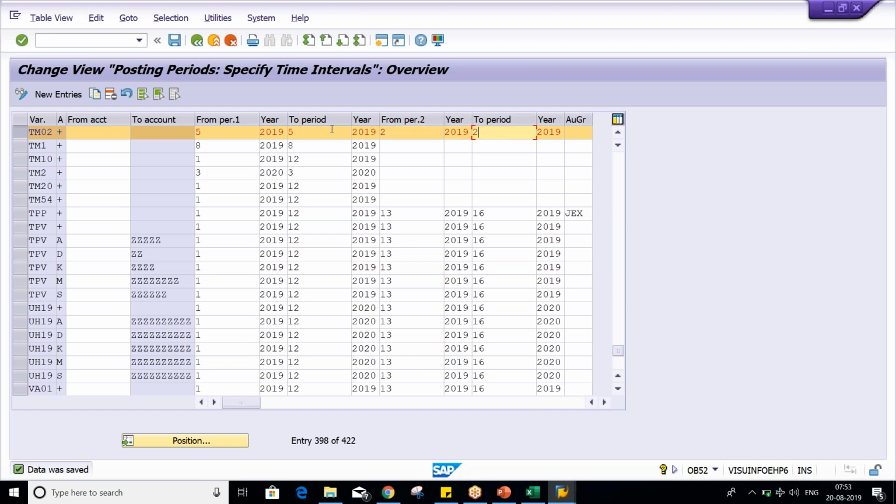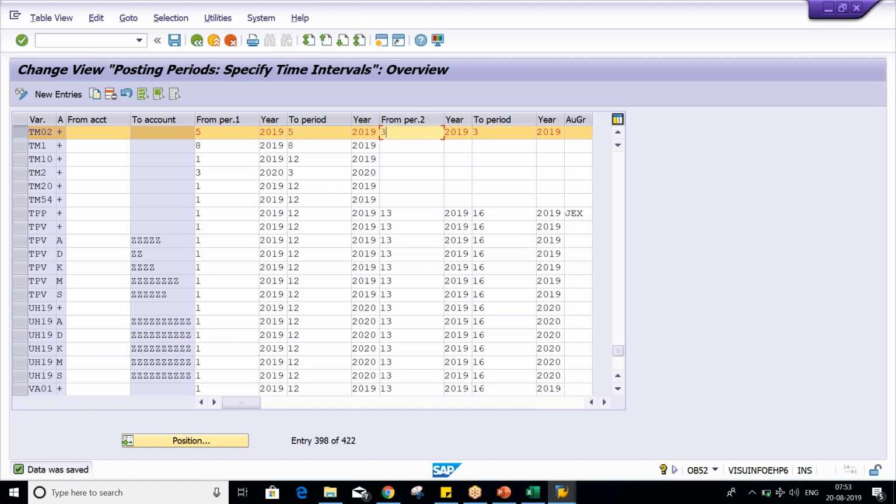Second period means here we are going to open. It means August is open and May month is open. In between, whatever the other periods are, that is not open. So this is the logic behind this from period 2, guys.